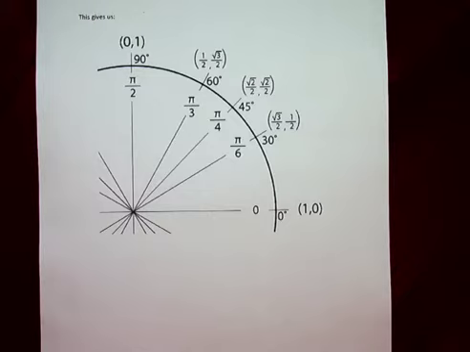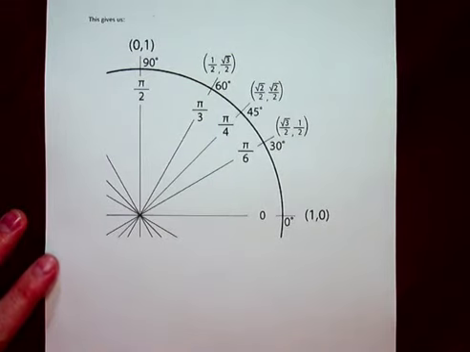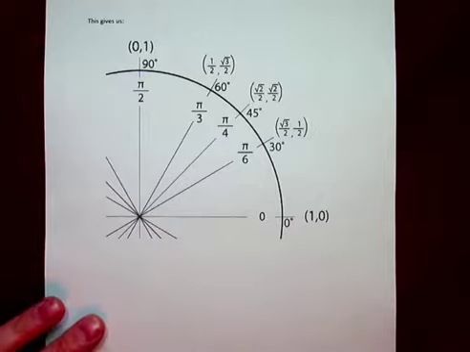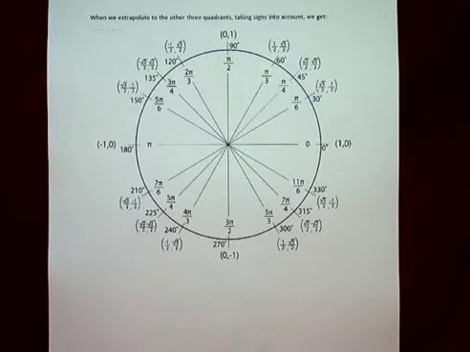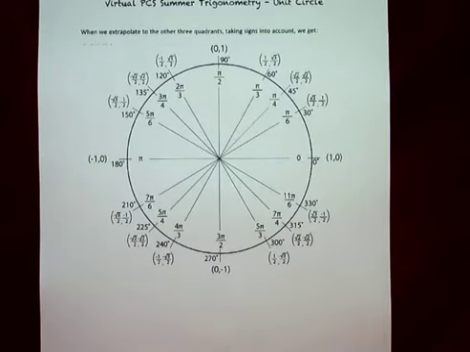Okay, and you'll understand more about that when we get there. So when we actually extrapolate all the way around, we get something that looks like this. Okay, and I'll go through and explain this just a little bit more.